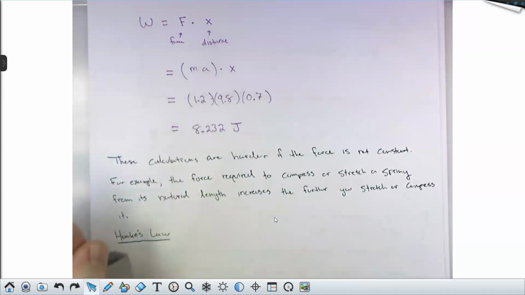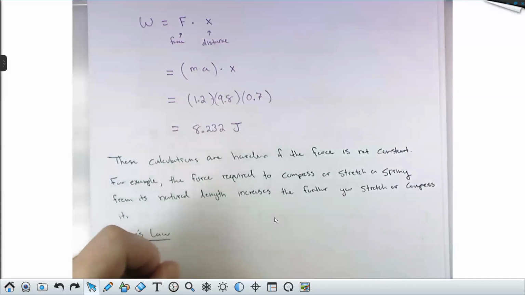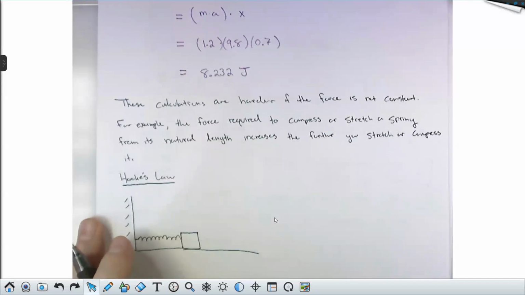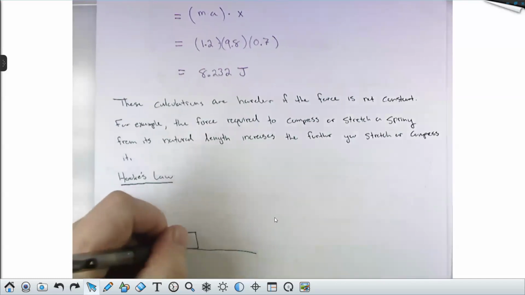So if I take a spring, right, here's a wall, here's a floor, here's a spring attached on one end to that wall. And I've got something over here attached to the spring, whatever. This is sitting at its natural length. Call that the natural length.